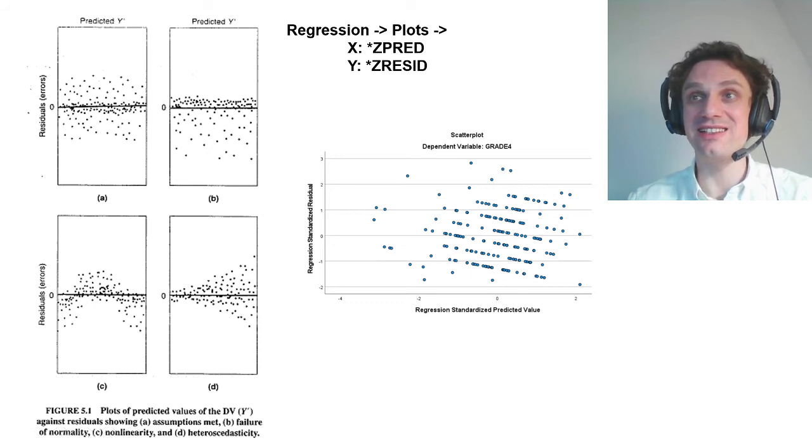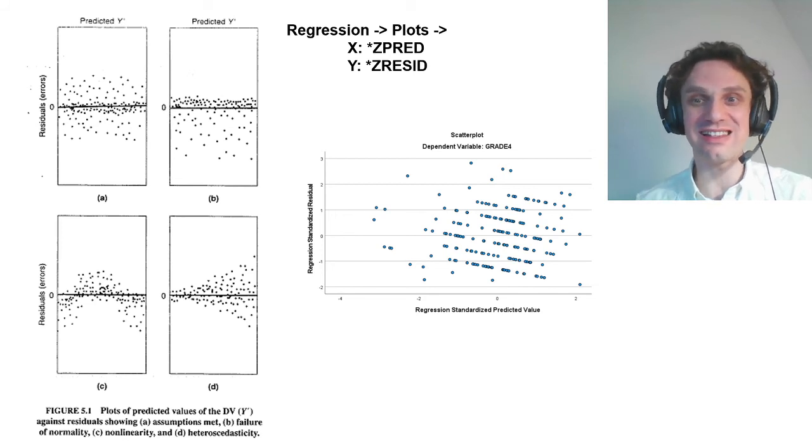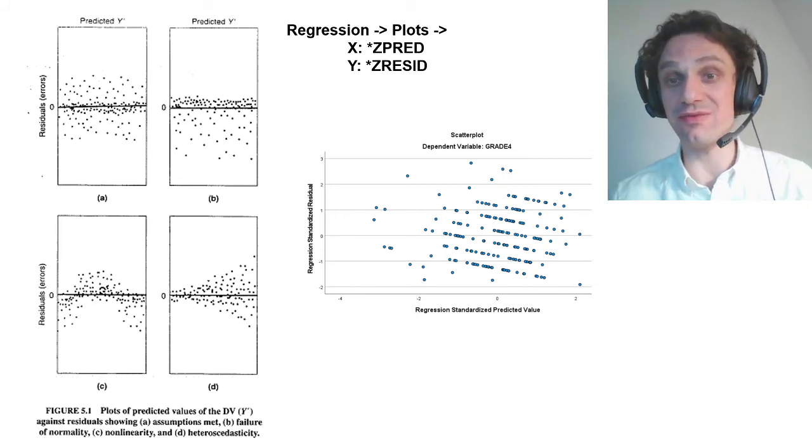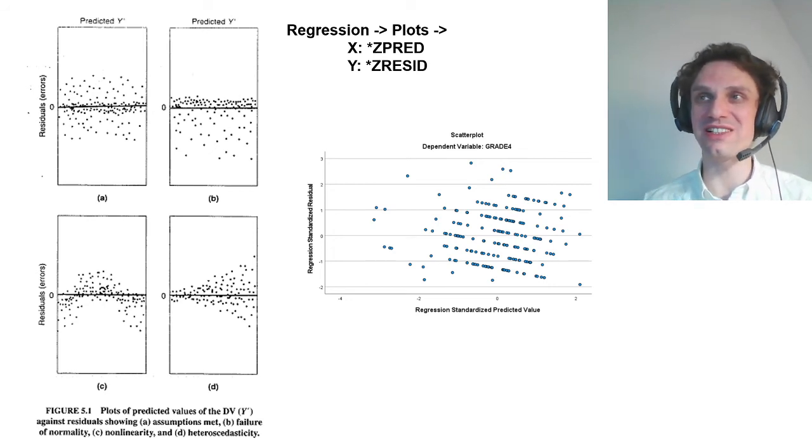So if we look at our plot produced by SPSS of prediction of grade, on the horizontal axis we have predicted grade, and on the vertical axis we have residuals. You can see that it's actually not so perfect. It is a little bit heteroscedastic, and that makes sense because the school grades, it's not interval scale, and even if we average 4 of them, still the distribution is not perfectly normal.